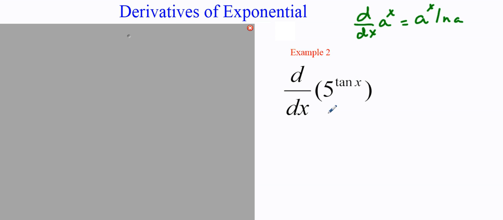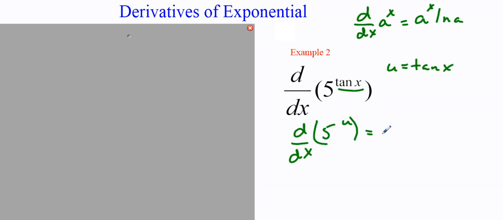We want to figure that out. Once again, we have 5, which is our a, but we have tangent of x, which is not just x, so we're going to use the chain rule. U in this case is going to be tangent of x. So we're going to rewrite this as 5 to the u, with respect to x.